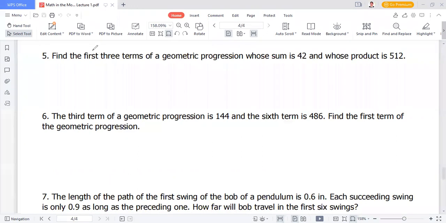Okay? So, hanapin mo lang yung tatlong terms. Ang sum dapat nila, 42. Ang product nila, 512.